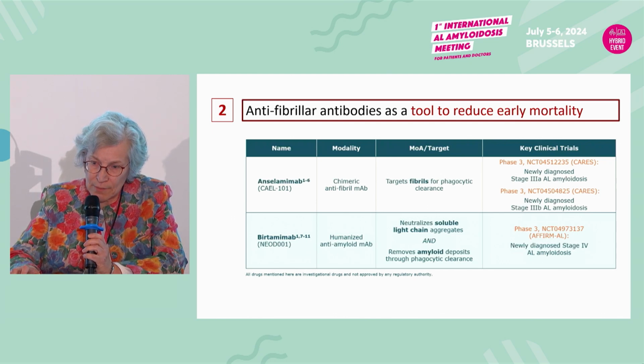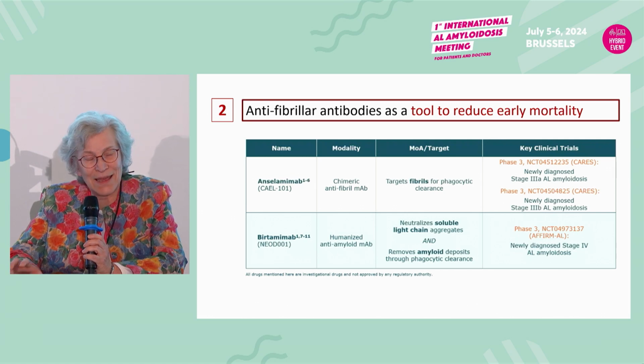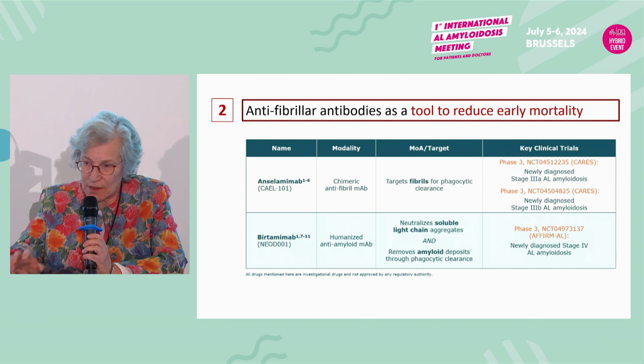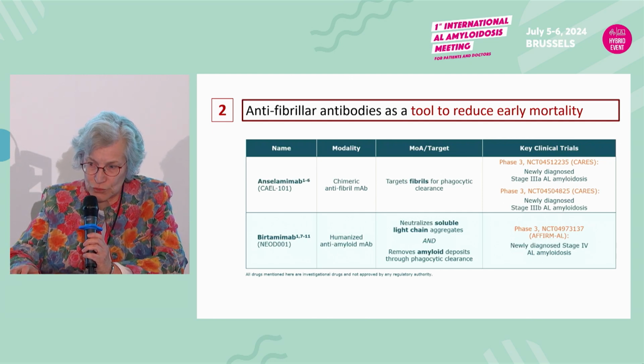The first one is CAEL-101. It targets the fibril and helps to phagocyte those fibrils later on. There are two phase 3 studies, one in stage 3A and another one in stage 3B that have, I think, completed their accrual.